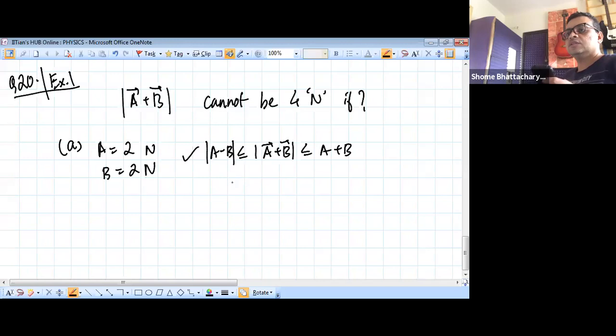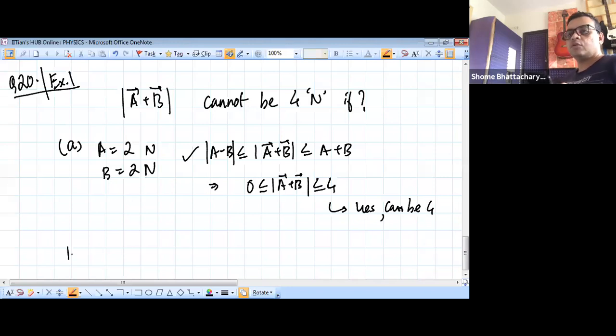Okay, so in this particular case, E plus B can go up to 4 and can go as low as 0 also. It can be anything between 0 and 4. So yes, it can be 4. Okay. So that means this cannot be is the wrong option.